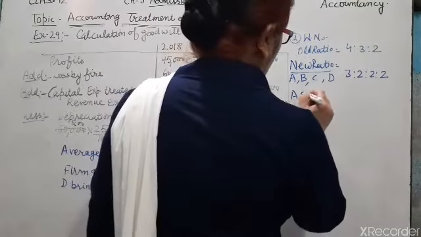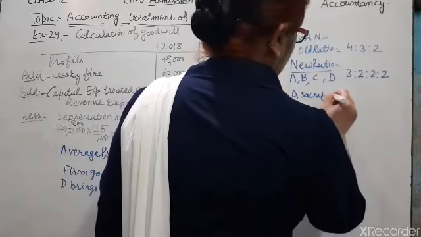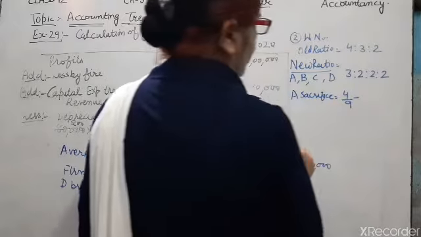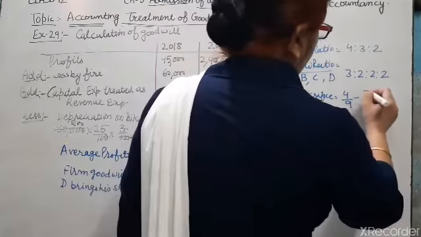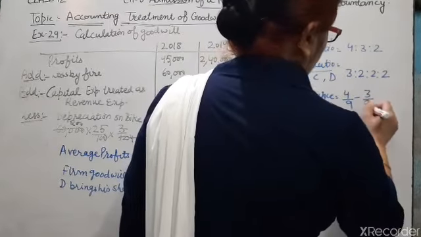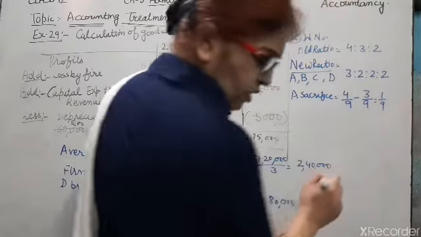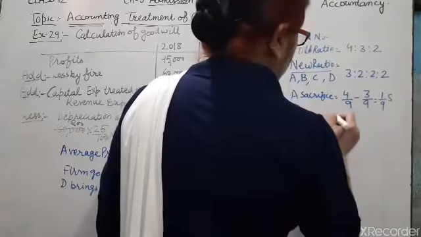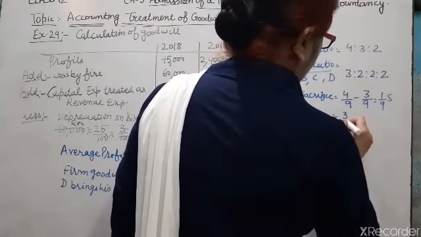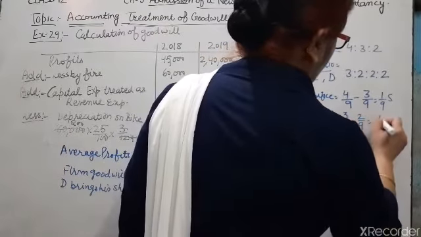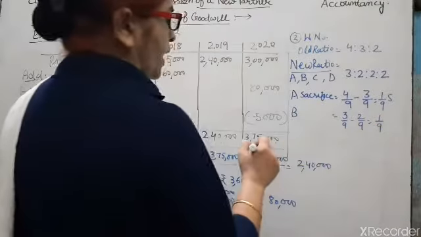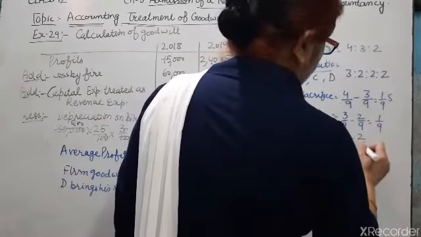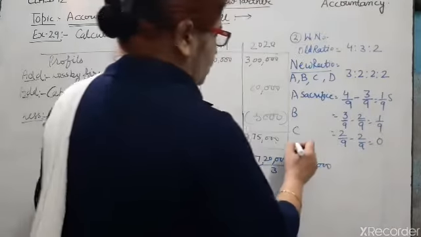So we calculate the sacrificing ratio by subtracting. A's sacrifice is equal to old ratio 4/9 minus new ratio 3/9, which is 1/9 sacrifice. B: 3/9 minus 2/9 is equal to 1/9. And C: 2/9 minus 2/9 is equal to 0.